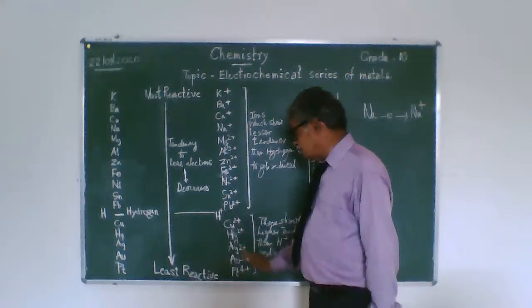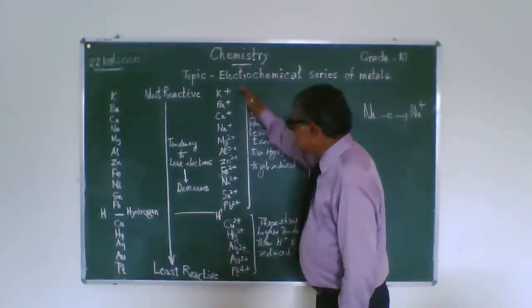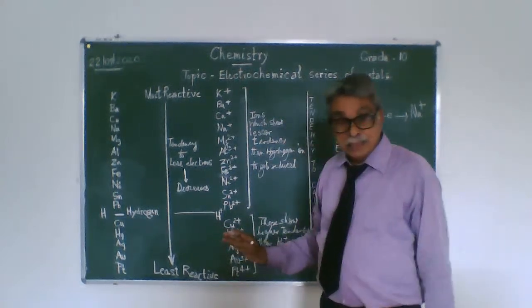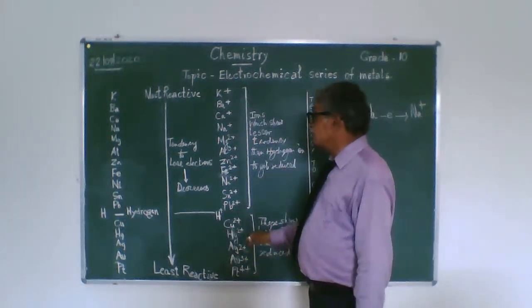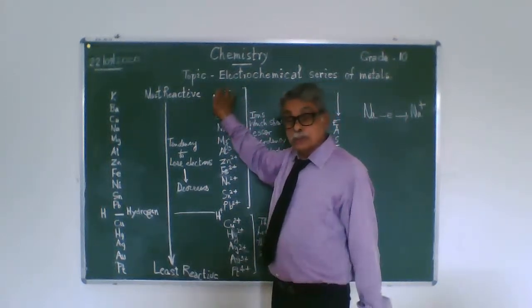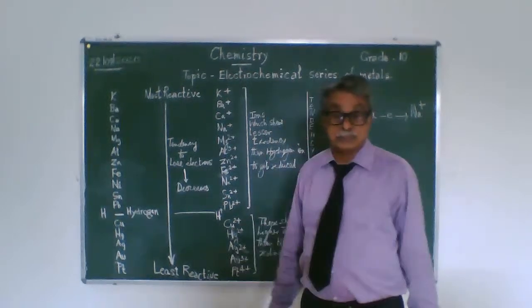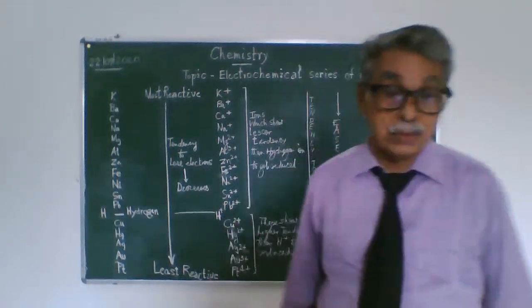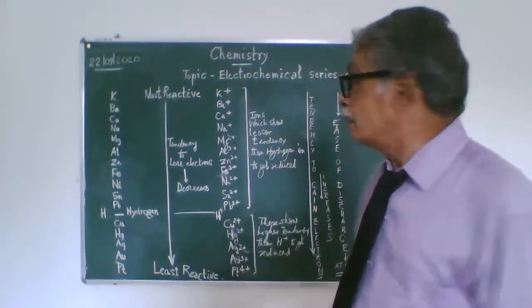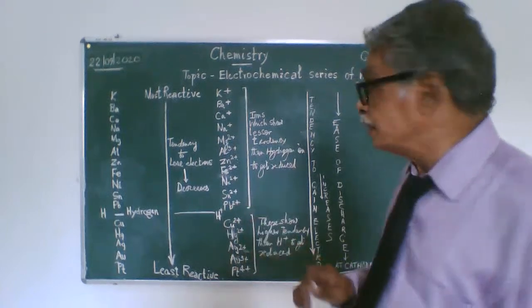They are written in the form of a vertical series, where the most reactive one comes on top and the least reactive one comes at the bottom. This series is called the electrochemical series of metals.